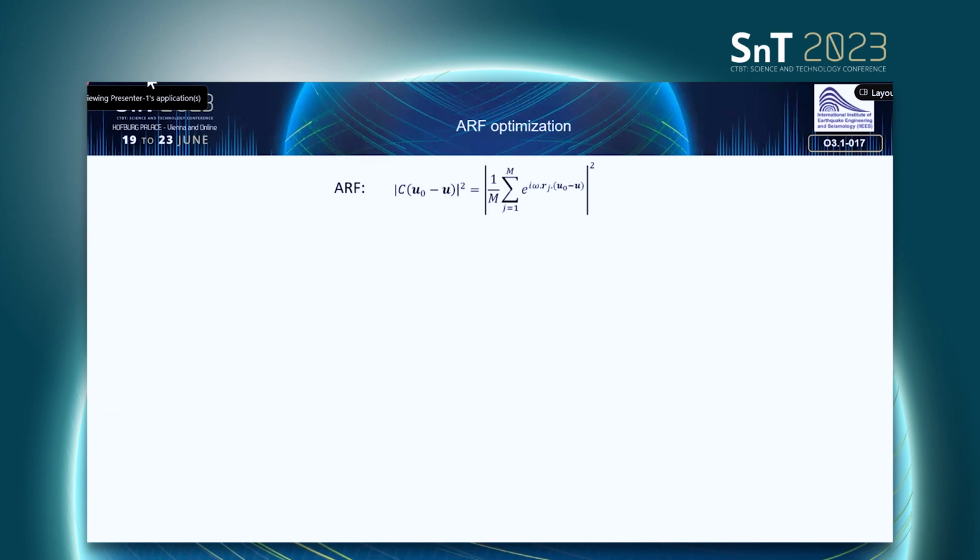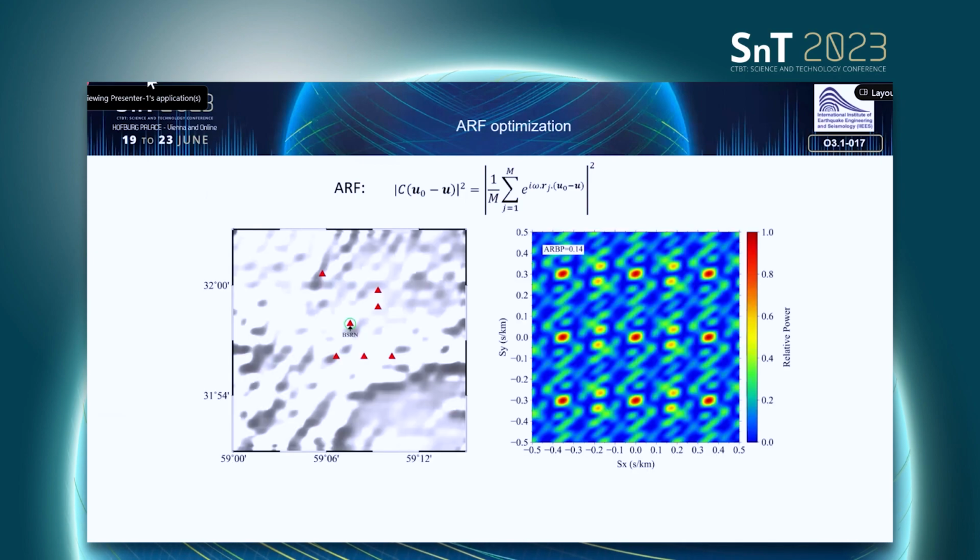And mathematically, we can calculate the ARF by this formula. It mainly depends on the frequency content of the incoming waves and the relative position of the sensors. So let's see the ARF of the initial model.